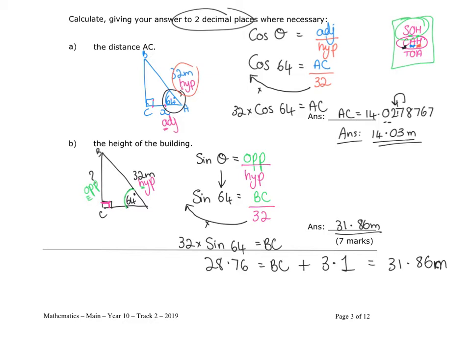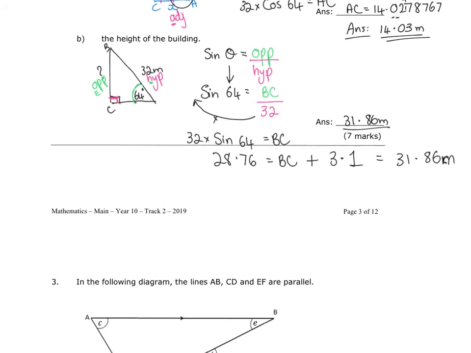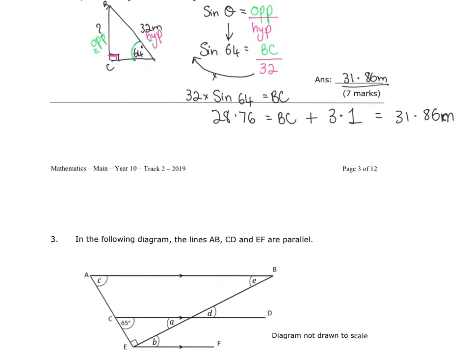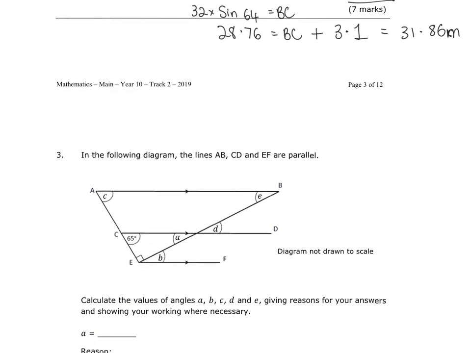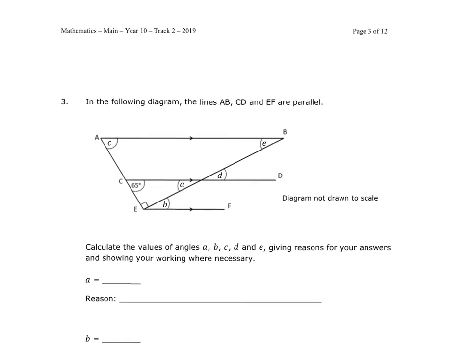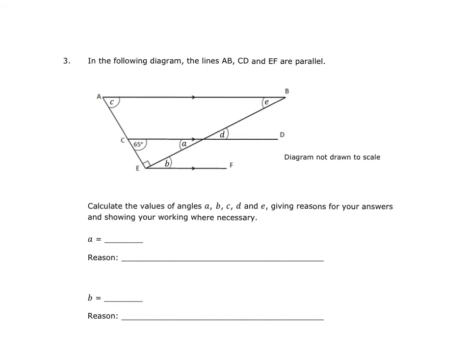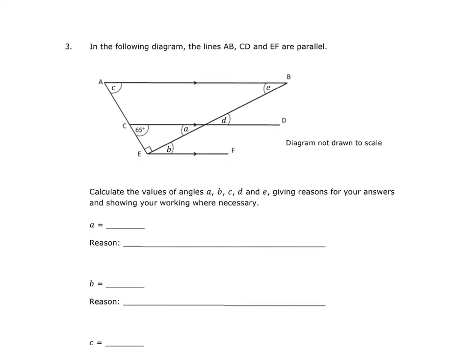So next question. We've got angles now. In the following diagram, the lines AB, CD, and EF are parallel. And when we have parallel lines, don't forget these theorems. The Z angle, where this angle is equal to this angle, alternate angles.